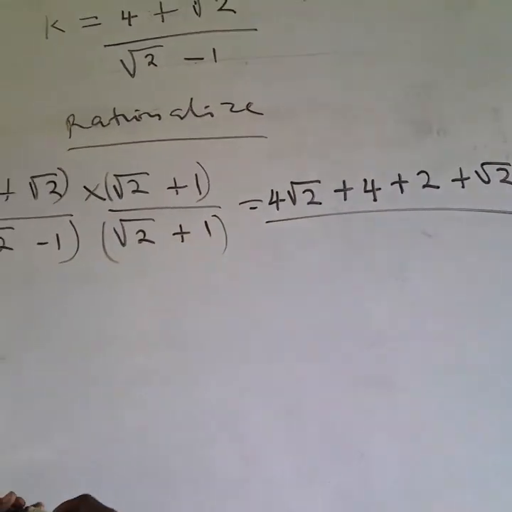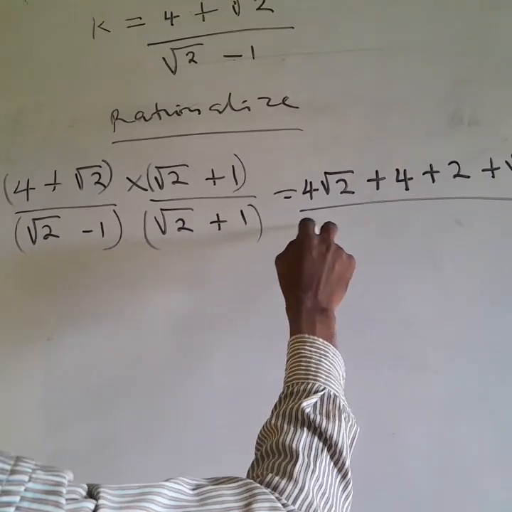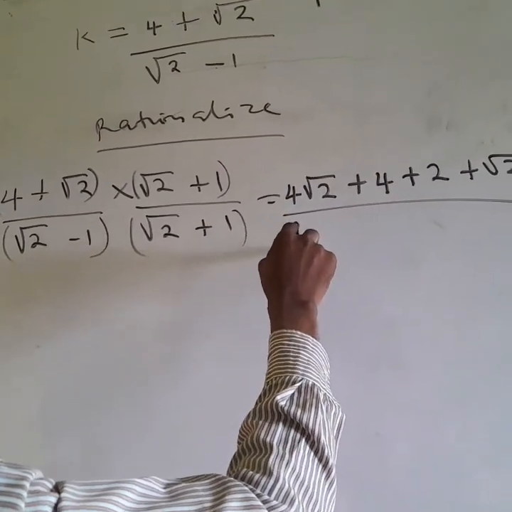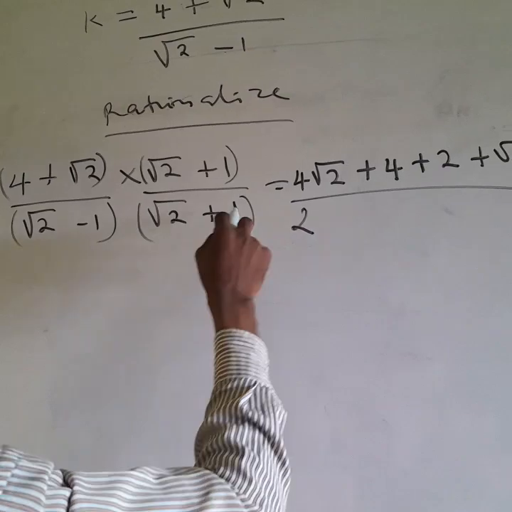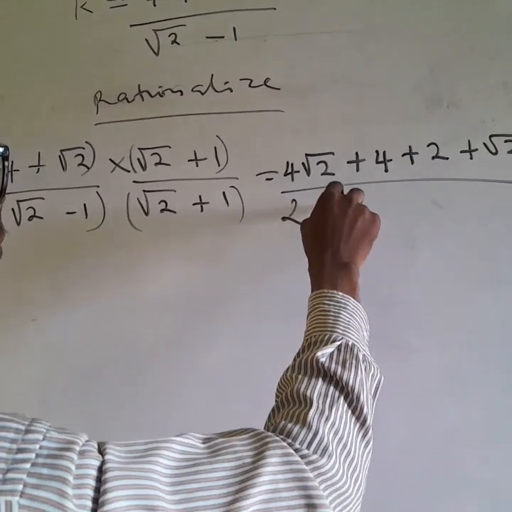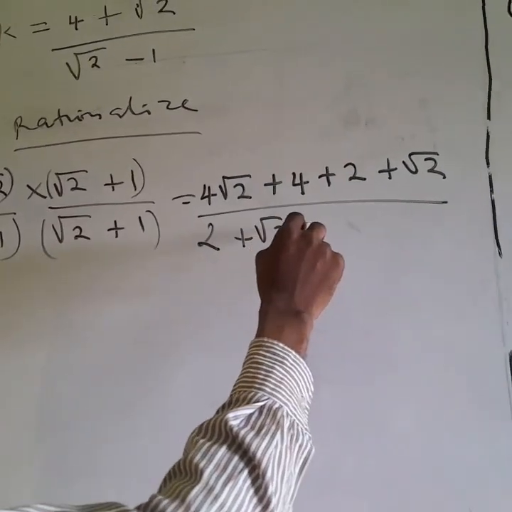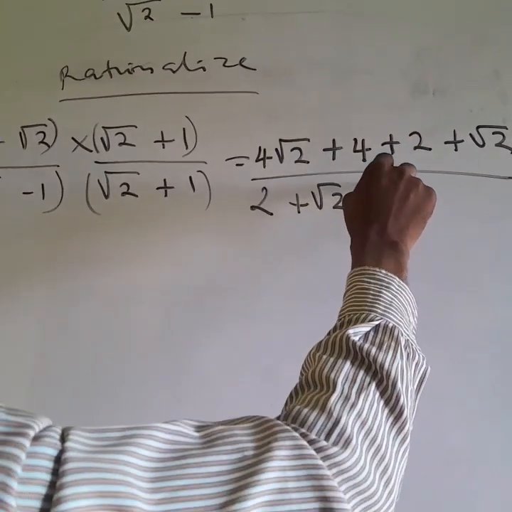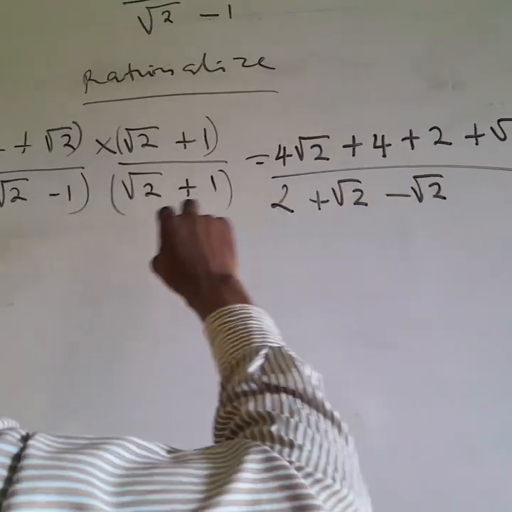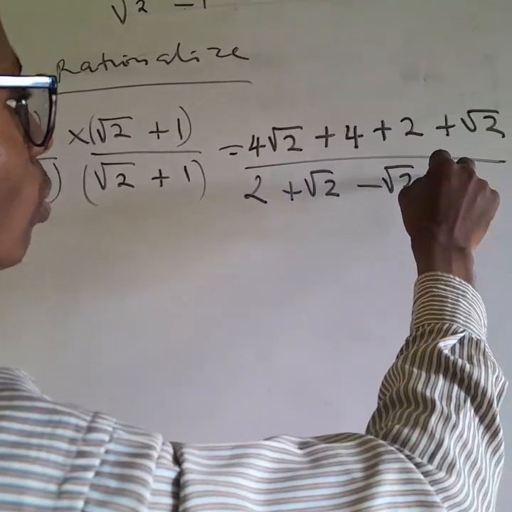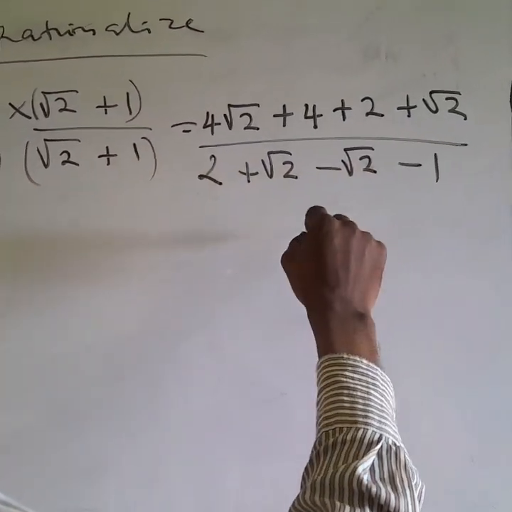Coming to the denominator, root 2 times root 2 will give us 2. Root 2 times 1 will give us plus root 2. Now minus 1 times root 2 will give us minus root 2. Now minus 1 times plus 1 will give us minus 1.